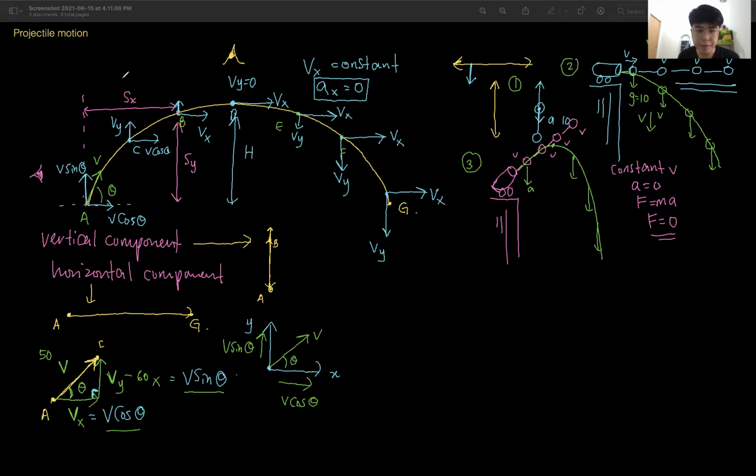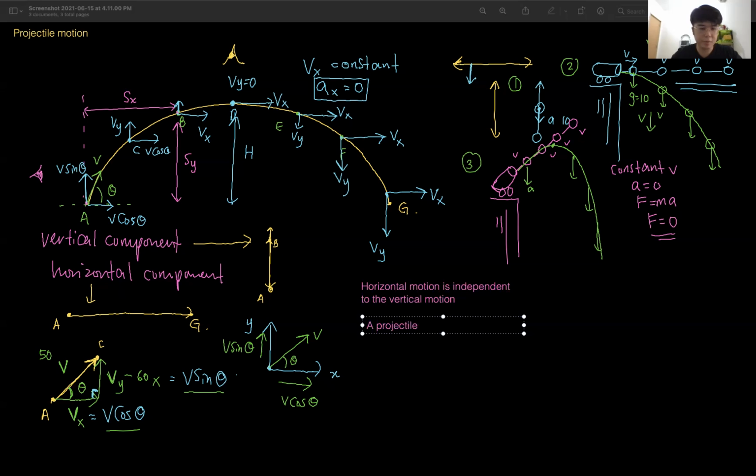Okay? So this proves what? This proves that the horizontal motion is independent of the vertical motion. Let me write this down. Horizontal motion is independent to the vertical motion. Okay, so what is a projectile?